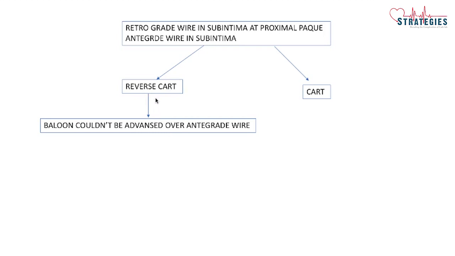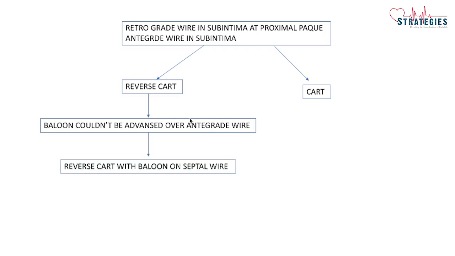In this case, in the initial attempts of reverse CART, I couldn't advance the balloon over the antegrade wire. As I told you already, there is a huge chunk of calcium sitting in the proximal block. That didn't allow my wires, balloons, or even the microcatheter to be advanced over the antegrade wire.